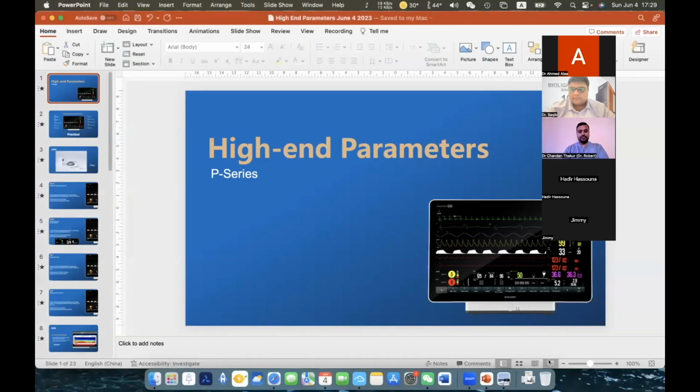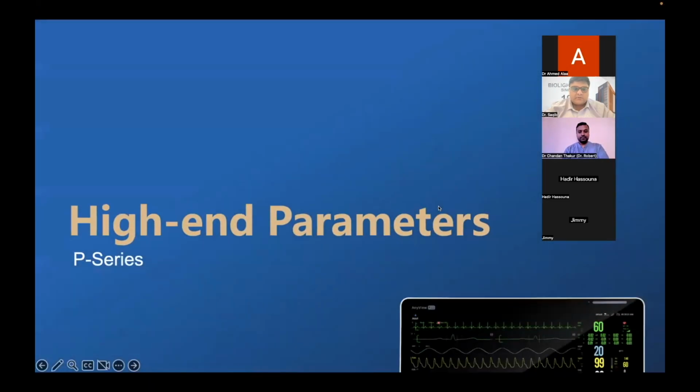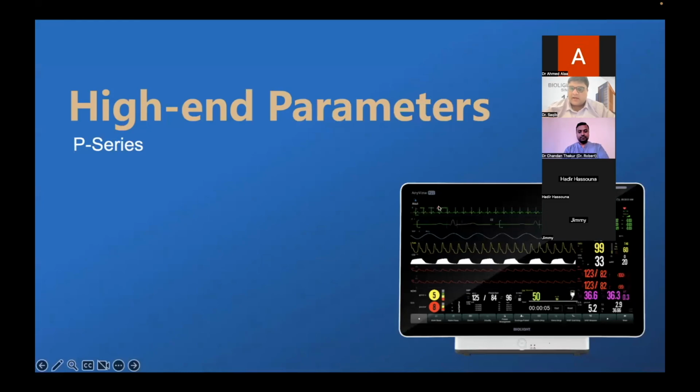And okay, I think I'm going to wrap up and summarize by talking a little bit about our monitor and some of the features we have. So give me a second. So I'm going to be talking about the high-end parameters of our Biolight P series patient monitor.